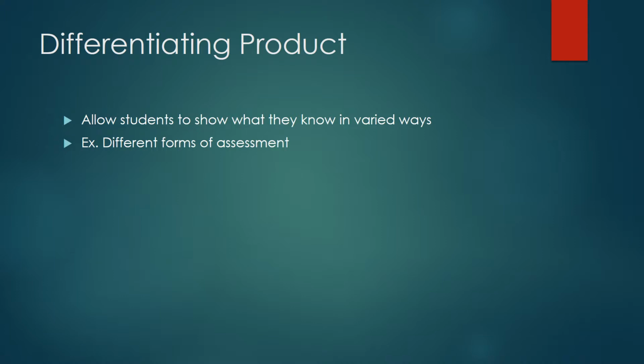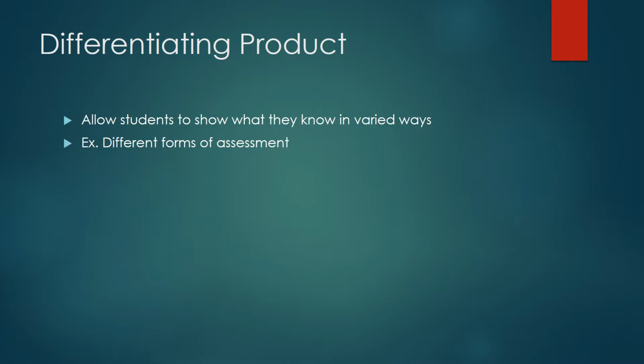And then the last one is differentiating product. Again, just like the first 2, it's always based on readiness, learning profile, and student interest. This allows students to show what they know in varied ways. Whatever the product, from the method they used, to the process they accomplished it with, to the product they produce, you're allowing varied ways for them to accomplish that.